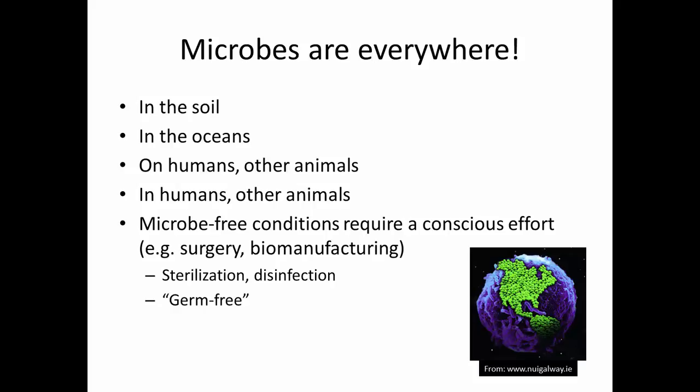In fact, there are a lot of efforts these days to characterize the types of bacteria, yeast, etc. that are present on our skin, in our bodies, as well as on and in other animals, because there could be the potential for some interesting biotechnological advances when we do this.